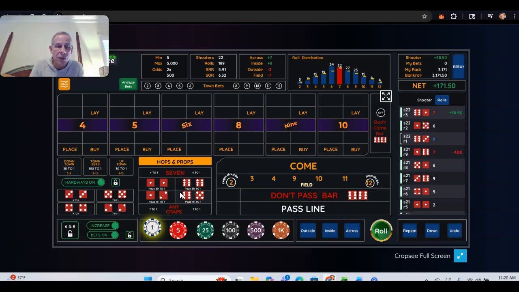Now, they pay a huge amount, 7 to 1, 9 to 1, 30 to 1. You are not here to gamble. That's not what we do. That's not what we teach. We're here to make a paycheck, to make money, and to limit our volatility as much as possible, and to get great comps. So if you take cruises, you're gonna want to get a comp card. You're gonna want to be registered.